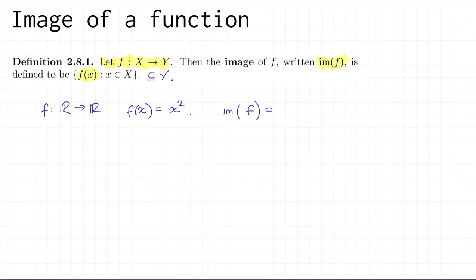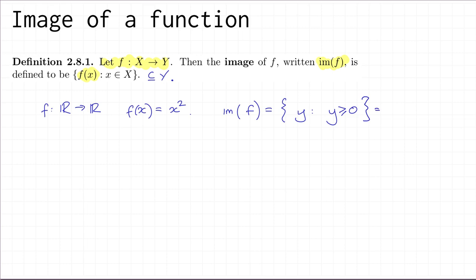And you know which real numbers are squares. A number is equal to the square of a real number if and only if it's not negative. Let's write this in a slightly less confusing way: all y such that y is greater than or equal to 0. Those are the numbers which are equal to the square of a real number.